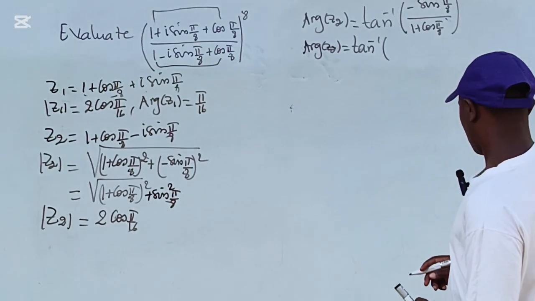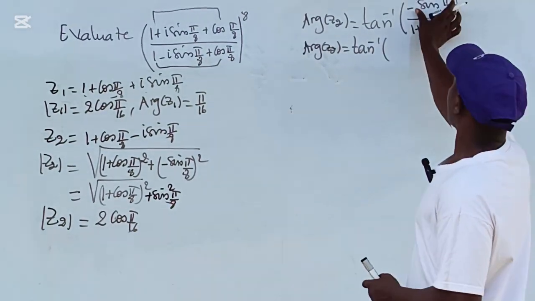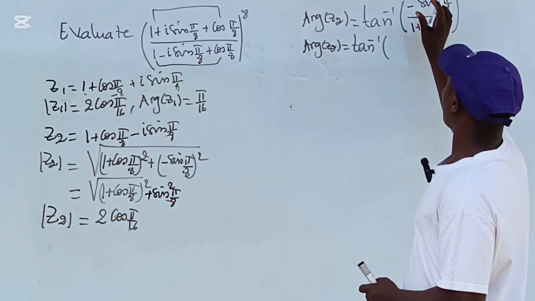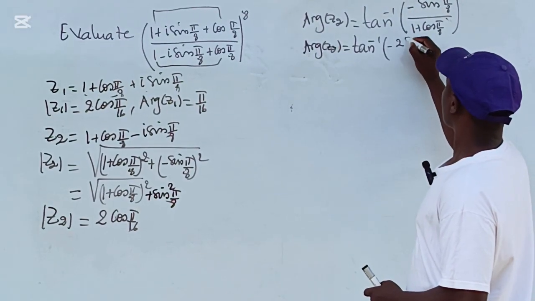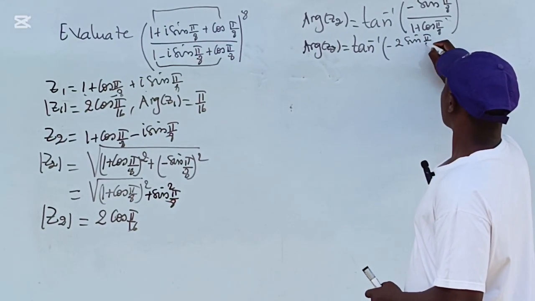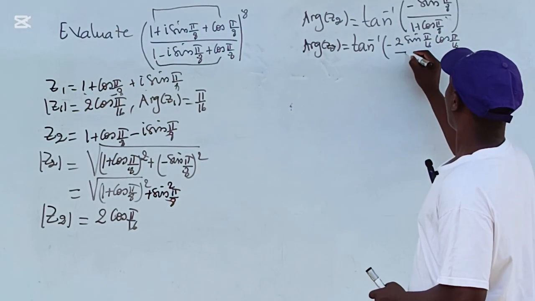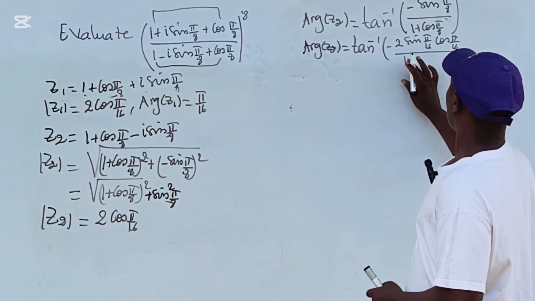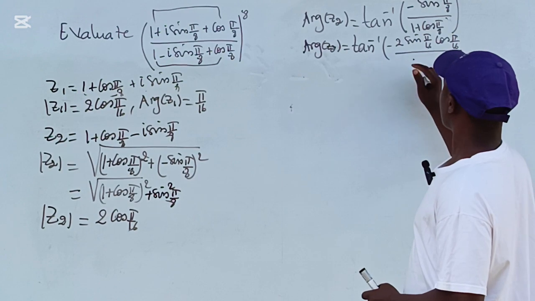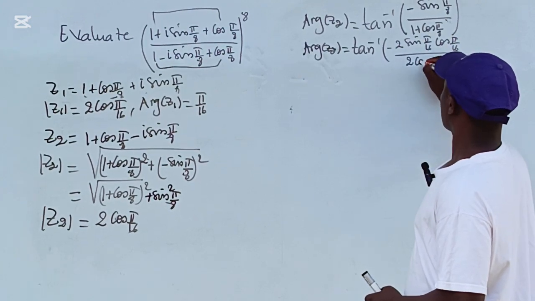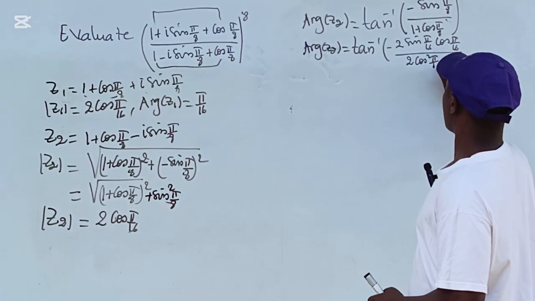As we did in our previous, we transform this into double angle. We have minus 2 times sine pi by 16 times cosine pi by 16 over 1, and we saw this was 2 times the square of cosine pi by 16.